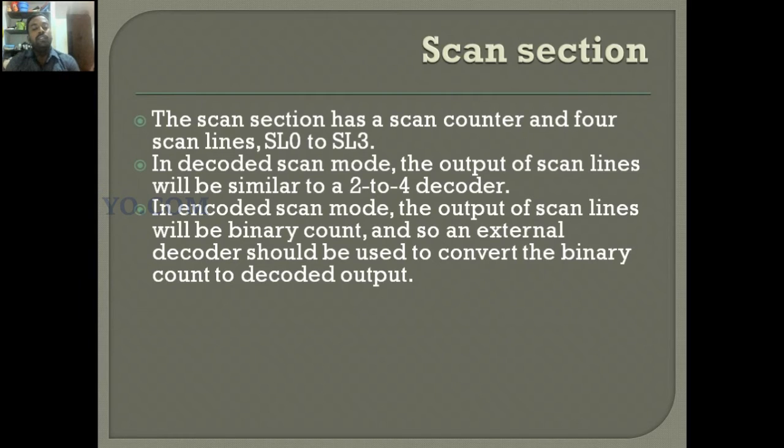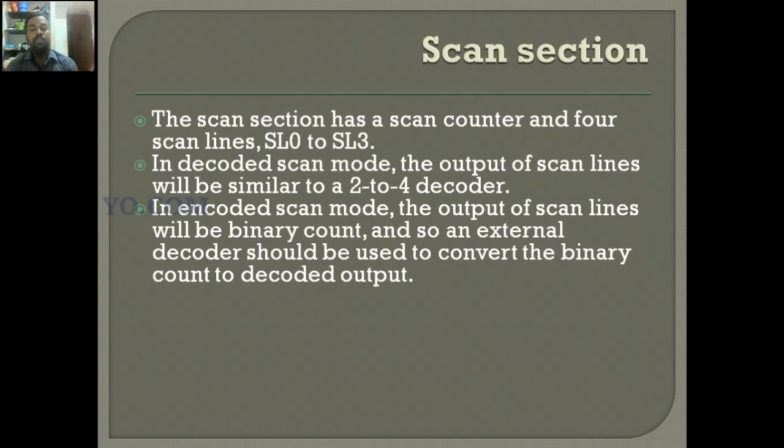Okay, so actually the scan section has two modes. One is the decoded scan mode and another one is the encoded scan mode. In decoded scan mode, the output scan lines will be similar to a 2 to 4 decoder.